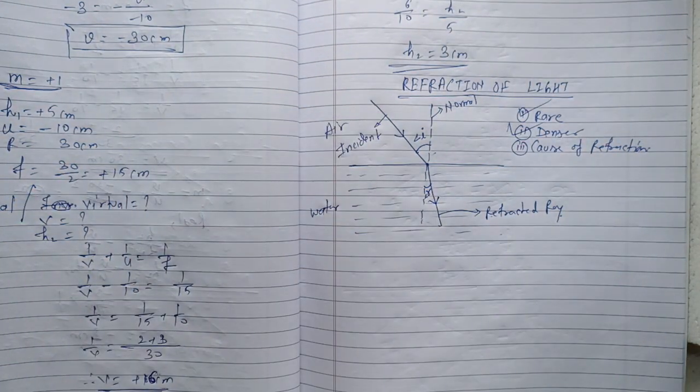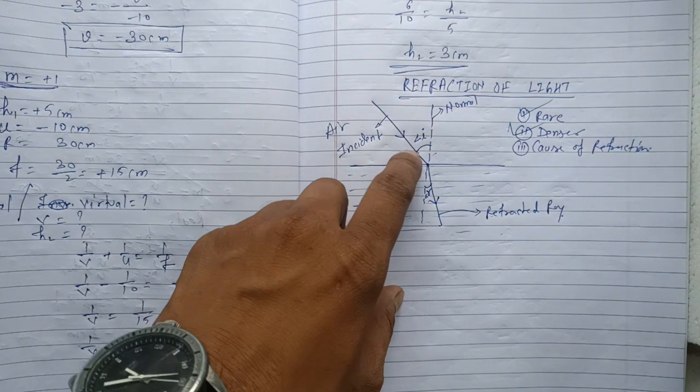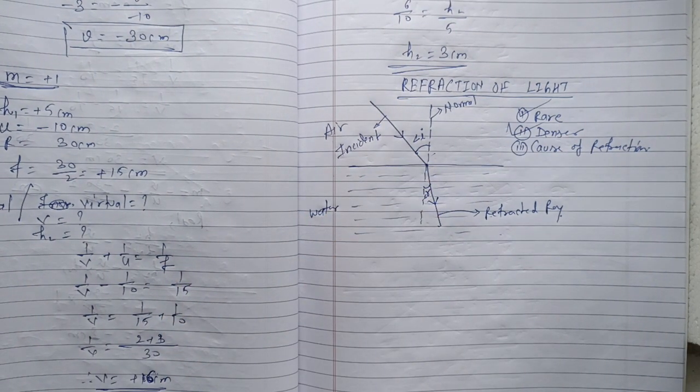So the velocity of light in the air medium also remains more. But when the same light comes to the water, as the density of water is more, the opposition to the propagation of light in the denser medium becomes more, which reduces the velocity of light in that medium.